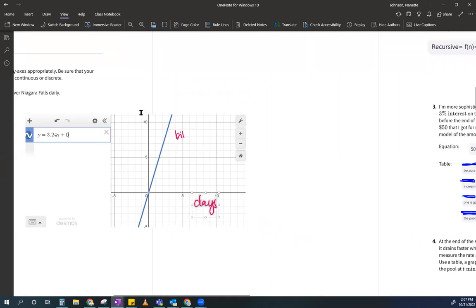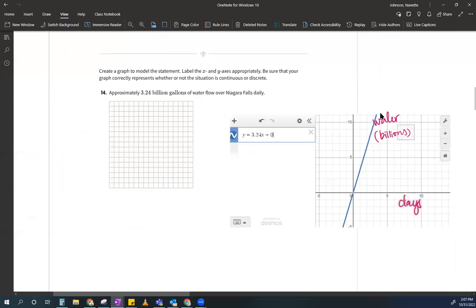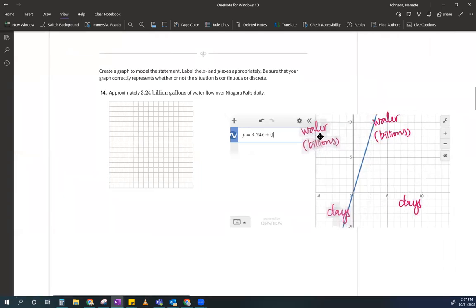So this is how much water flows over the Niagara in billions of gallons, right? Let me just take that and move it. Oh, it's both moving. There you go. Okay, so I want to know, does it make sense for us to connect these dots?